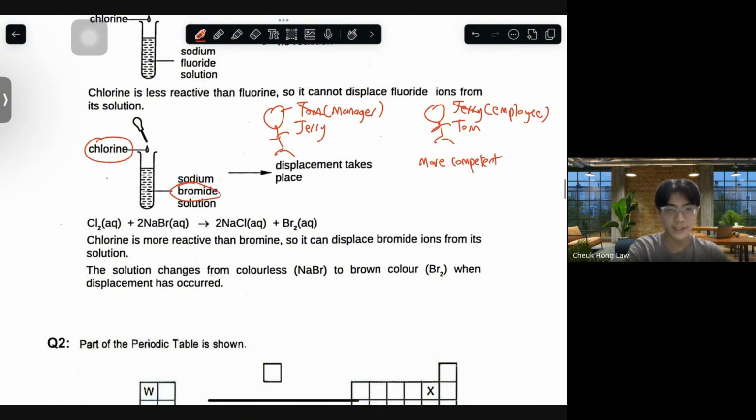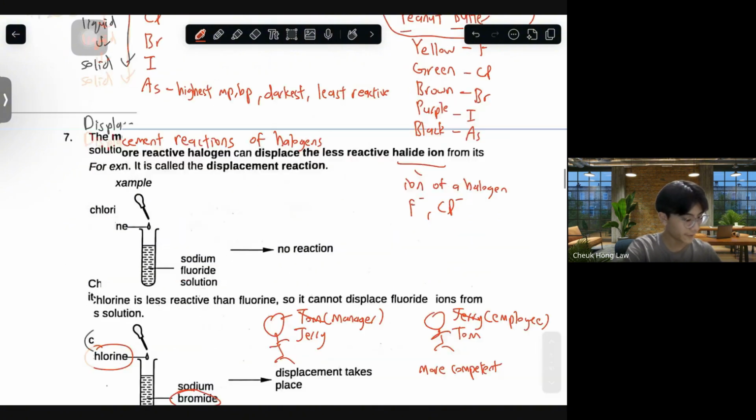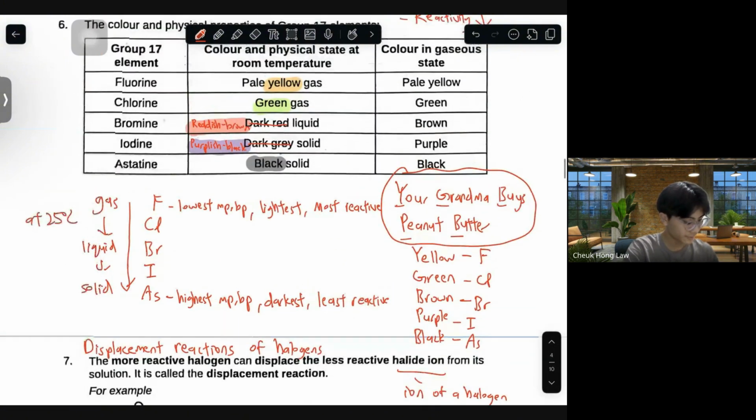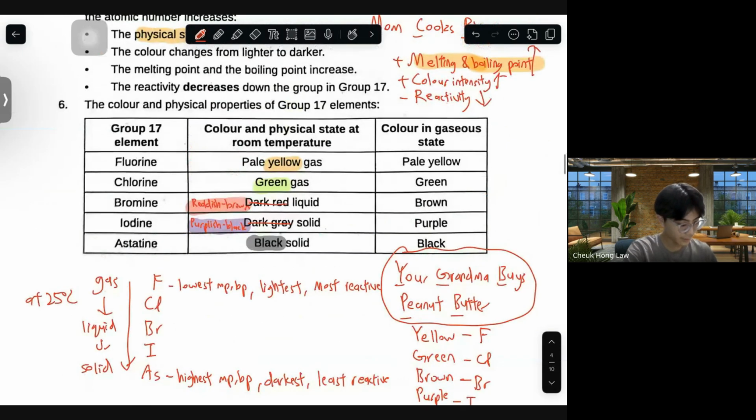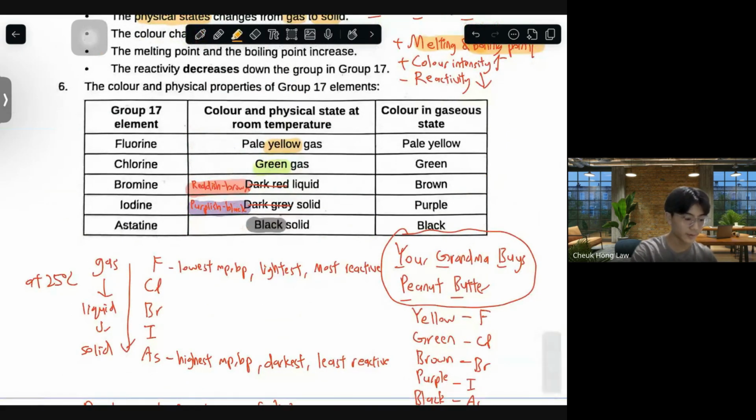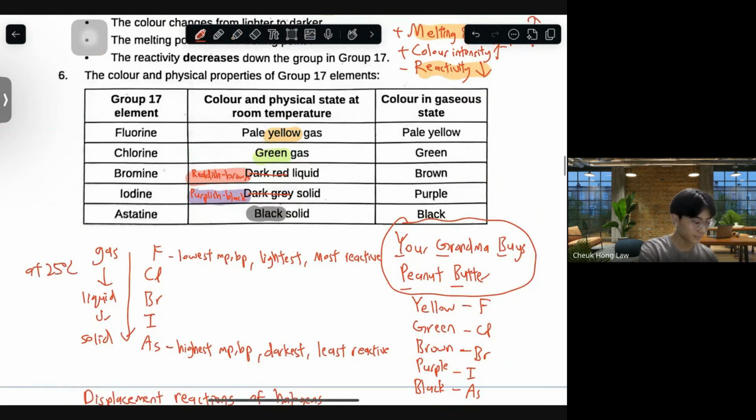Which one is more reactive? If we scroll up, remember the reactivity decreases down the group. Chlorine is here, bromine is here. The one above will be more reactive.